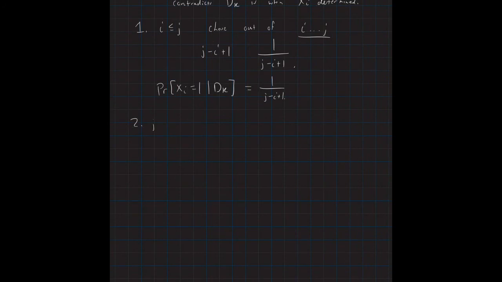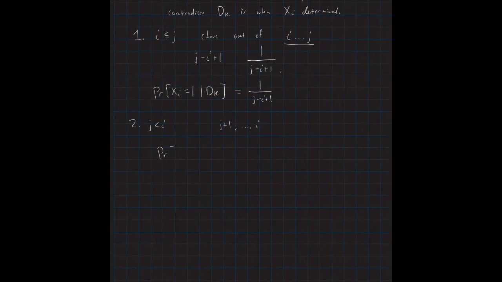So in the second case, we have that j is less than I. And so in particular, we need that one of j plus 1 through I. We know one of these is chosen, and the one we need to be chosen is I. So out of all of these total elements, we want I to be chosen. So in total, since they're picked uniformly at random, for it to be one of these, it'll be exactly 1 over I minus j.